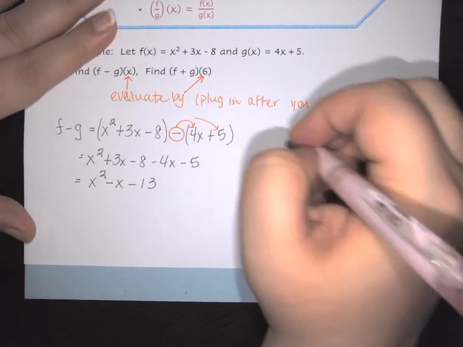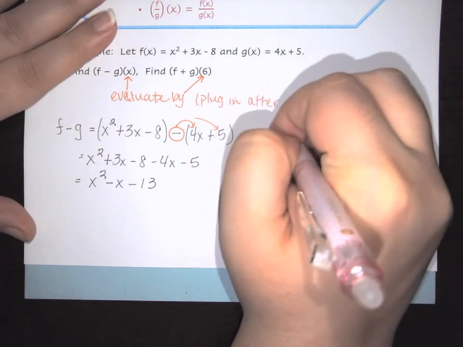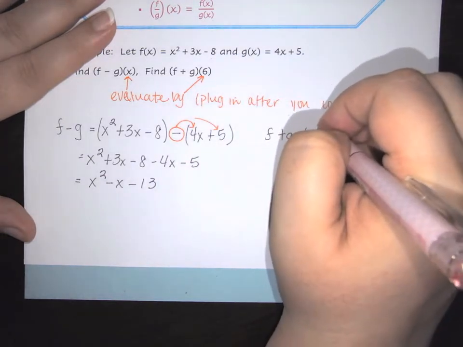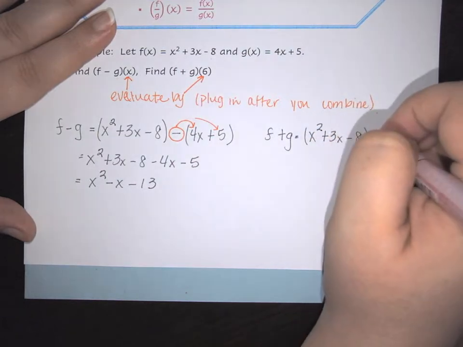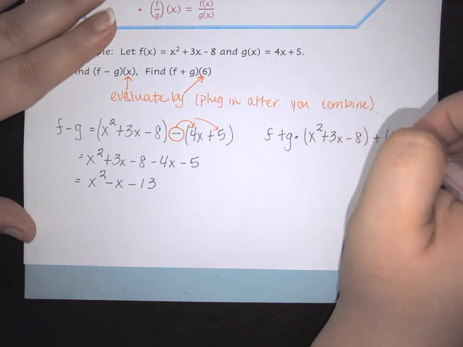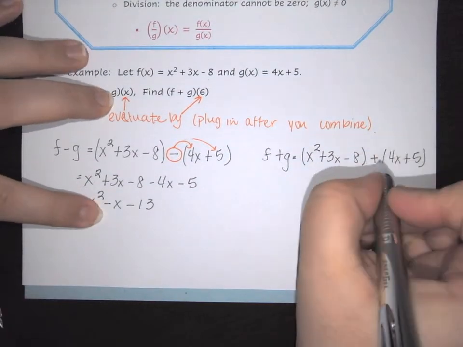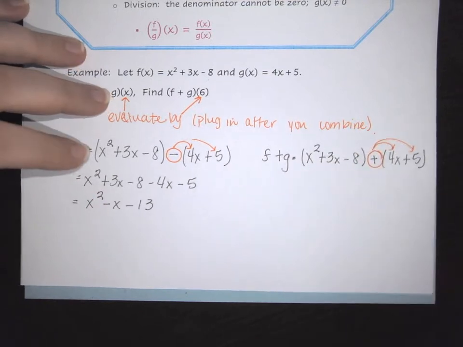With the other one, we want to look at doing f plus g. So again, we're starting with f, so x squared plus 3x minus 8, and we're going to add this to the 4x plus 5. Now just like with the previous, we have to take your sign and you have to distribute it through your back parentheses.